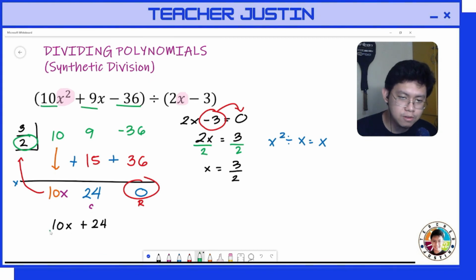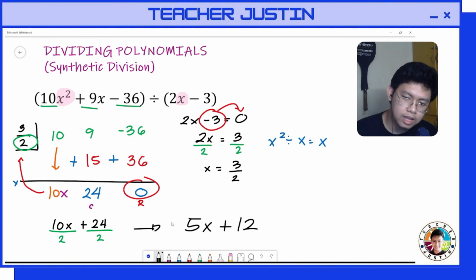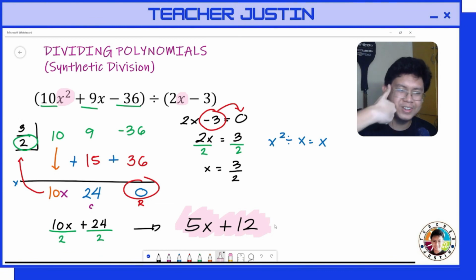So we have to divide each term by 2 to get our final answer. So our final answer will be 5x plus 12. And that is the quotient of our polynomial. 5x plus 12. Ta-da!